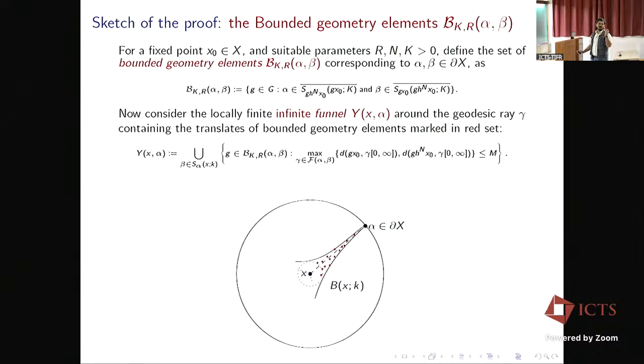They are ideal points, in the boundary. But you are considering those group elements such that alpha would belong to the shadow of this ball with respect to the light source here, and beta would belong to the shadow where you take this point, look at a ball around this point, and put the light source at the other point.